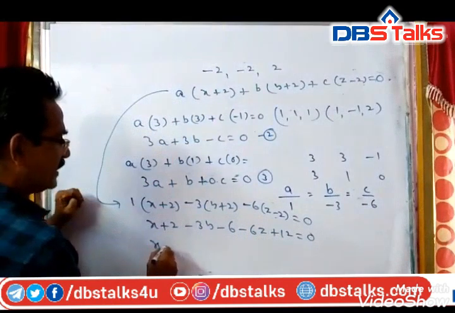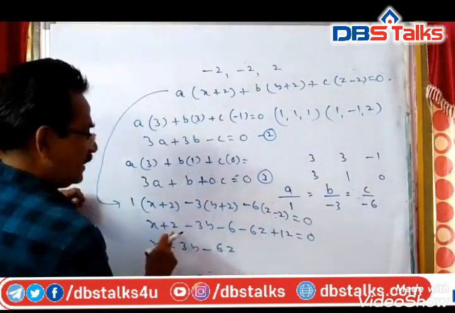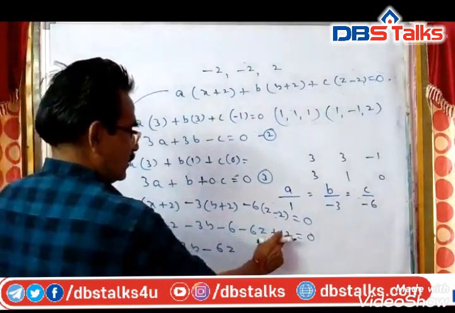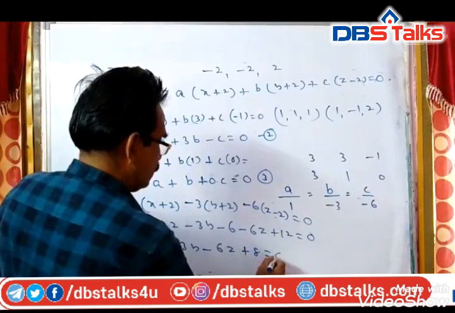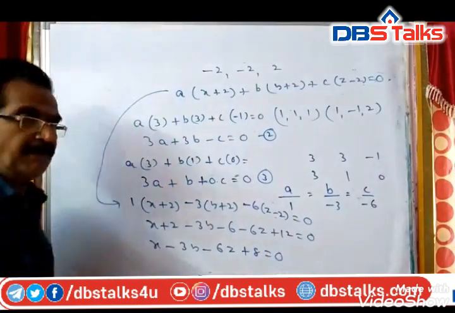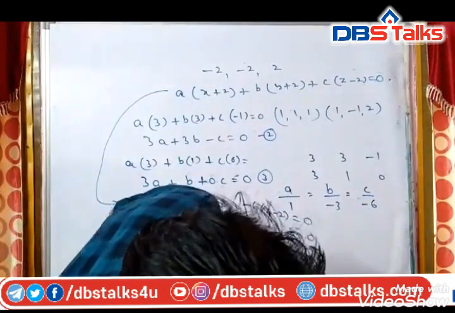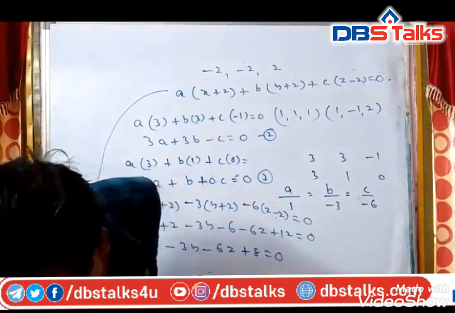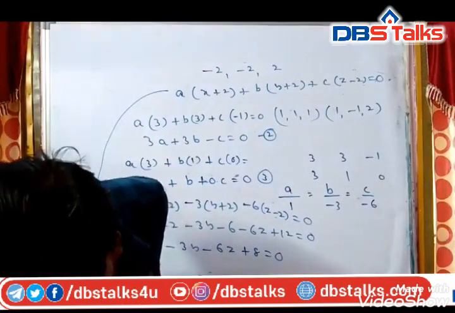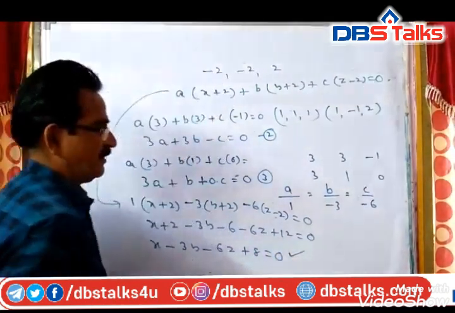It implies x - 3y - 6z + 2 - 6 + 12 = 0, that is x - 3y - 6z + 8 = 0. This is the required equation of the plane, friends.